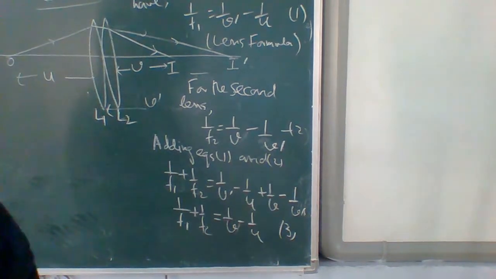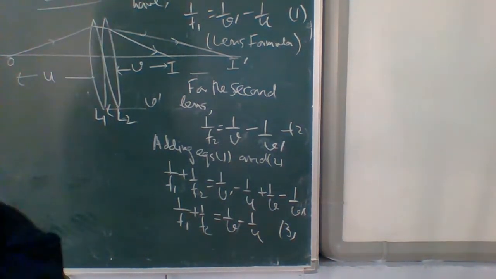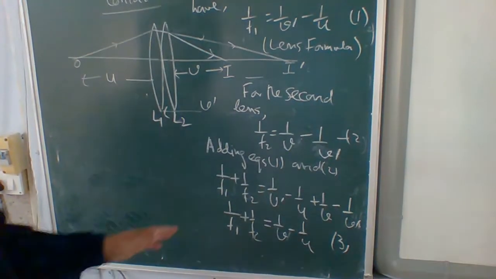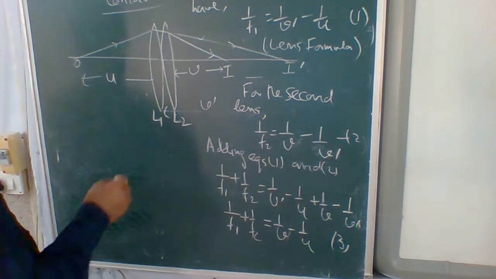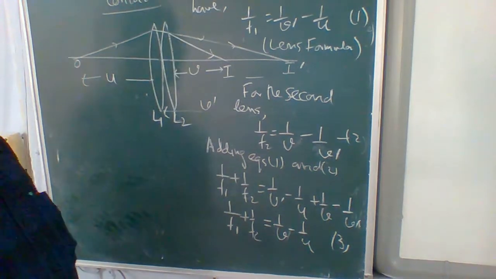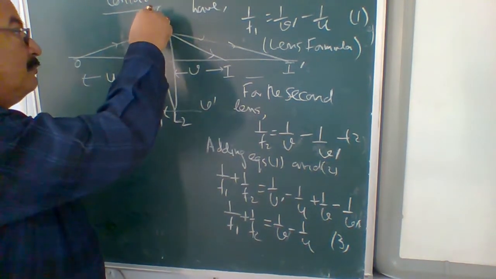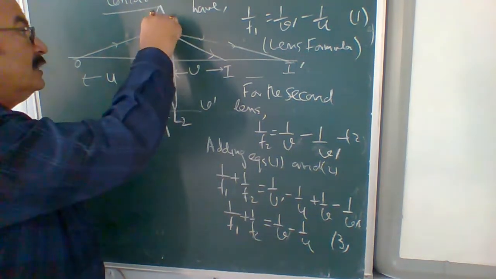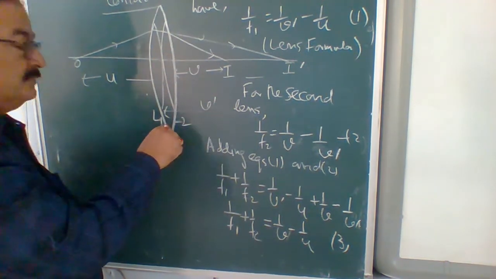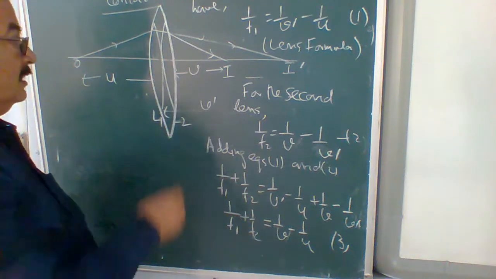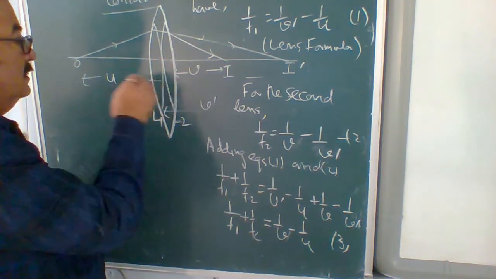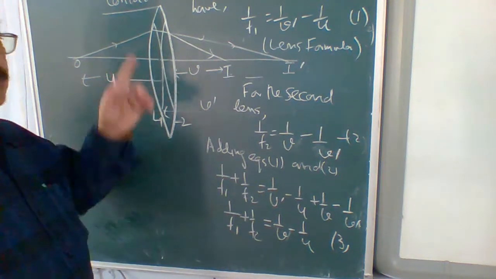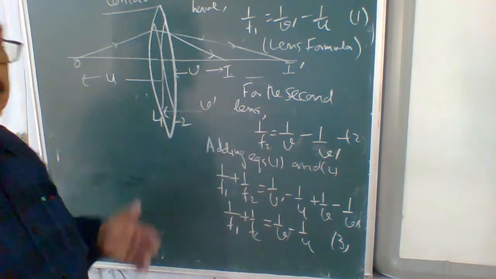Okay, and after that, you can just observe. If we consider both the lenses as a combined single lens, then our design will be like this. The single lens also has this distance. This is u and this is your v, and its focal length is considered to be f.